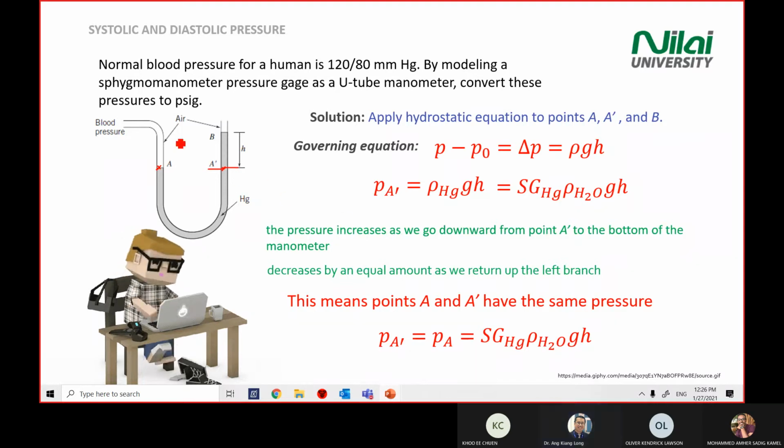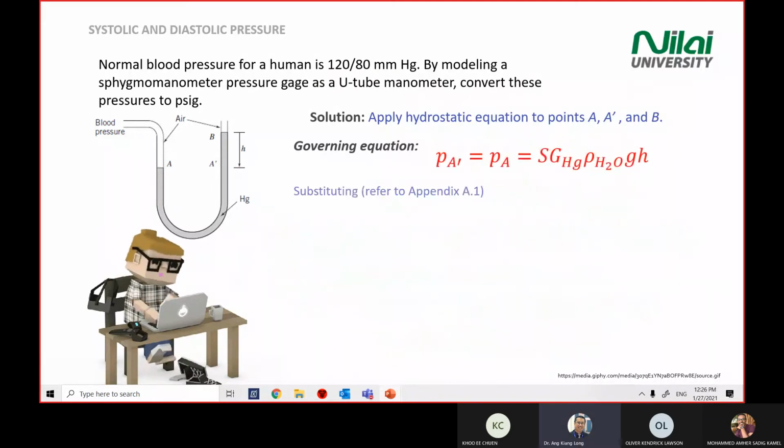Because we are going to measure the blood pressure here. Okay, our blood pressure is 120/80 mmHg. So how do we continue from here? Again, refer to Appendix A, Table A1.